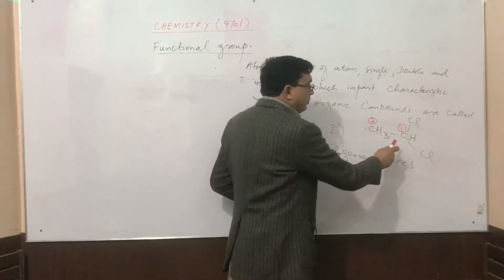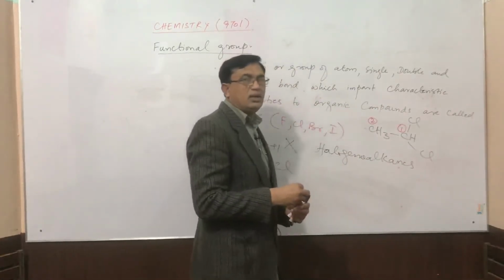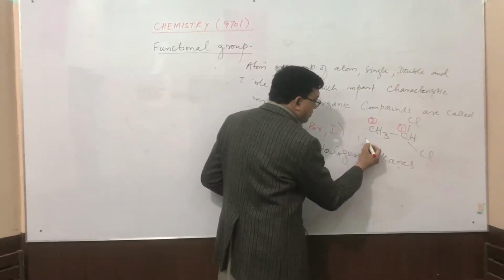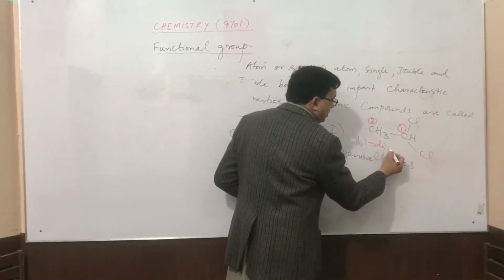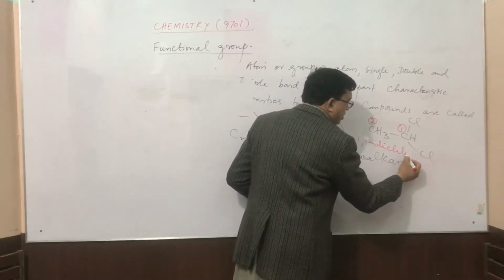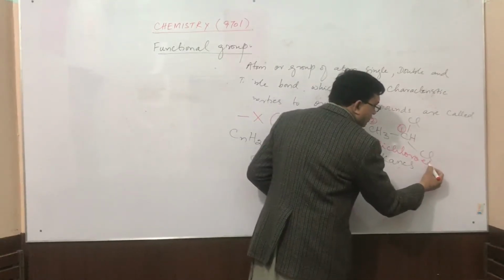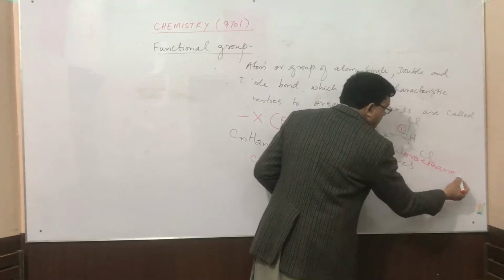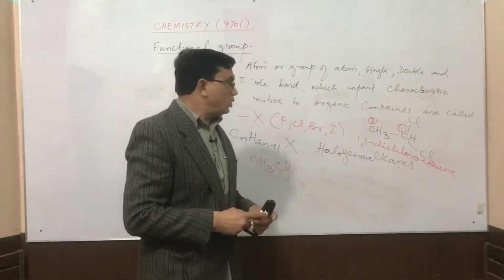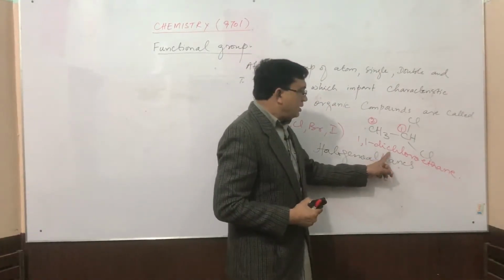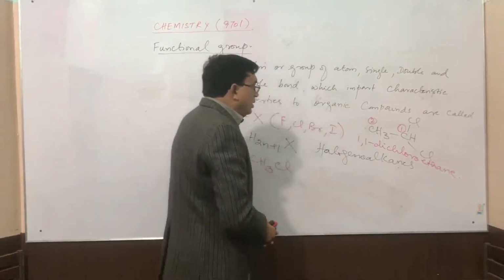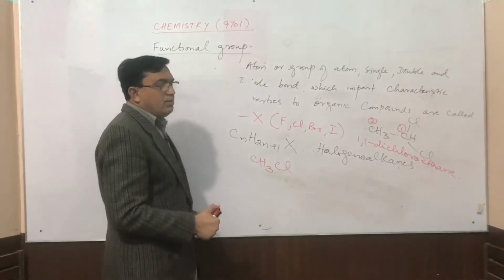We will write down 1,1-dichloro and 2 carbon atoms are present. That's why this will become dichloroethane. 1,1-dichloroethane.